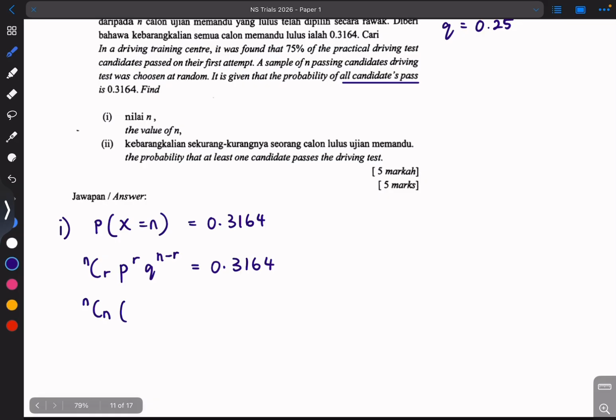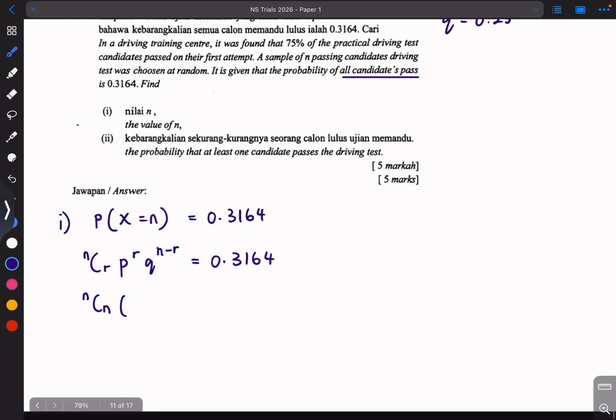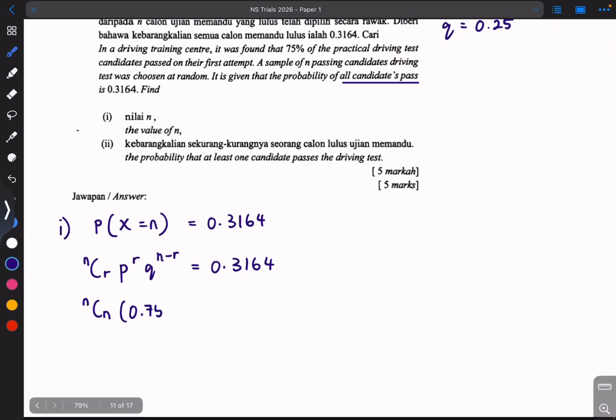Probability of success 0.75. Our n. Probability of failure, n minus n. Here our r will equal n because out of n number of people, all n pass. Means r is also n.